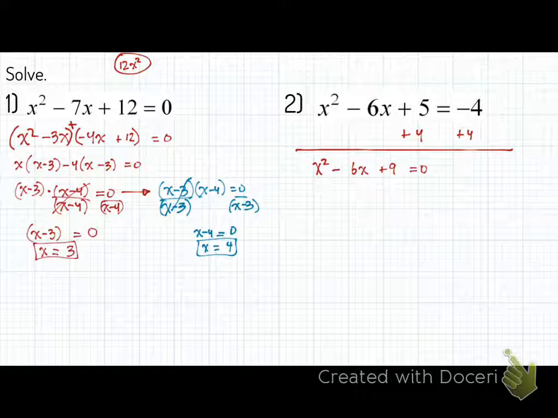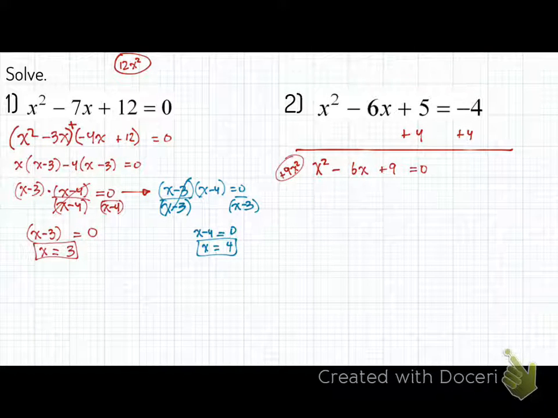Okay? Now we've isolated it. Now I could factor this trinomial. So we got x squared times positive 9 is positive 9x squared. Then I ask myself, what times what is going to equal 9x squared but add up to negative 6x? Okay, negative 3 and negative 3, good.